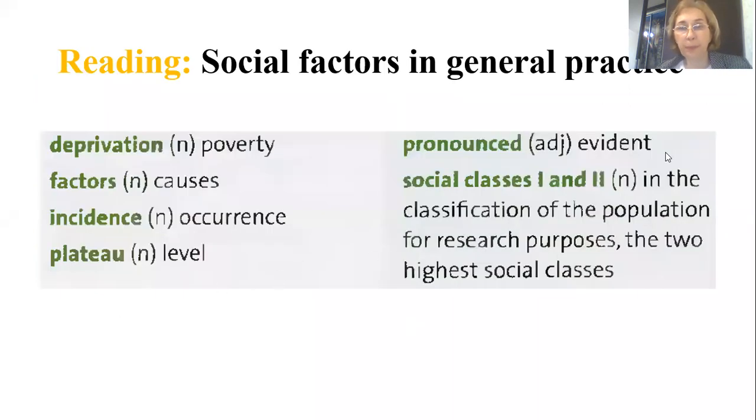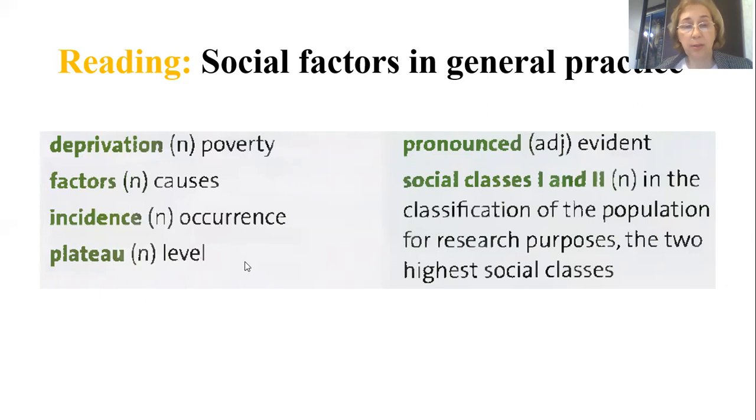Okay, and so now we are going to read the article about social factors. So Jared is coming. So let us look at the words and their definitions. So deprivation of some factors of something. It's the same as poverty, and factors, causes, incidents.